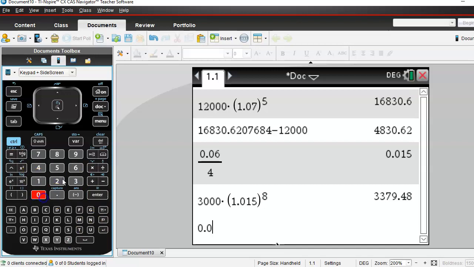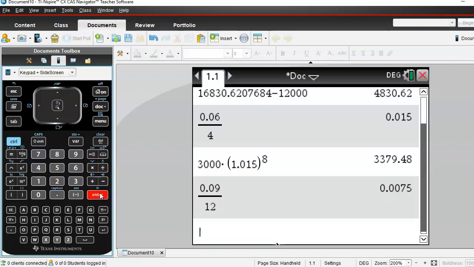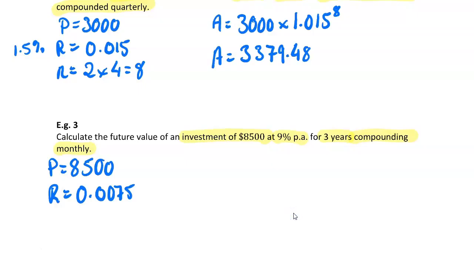So our 9% has to get split over the 12 months. So that's 0.0075, like that. And we've got 3 years worth of 12 months, so that's 36.